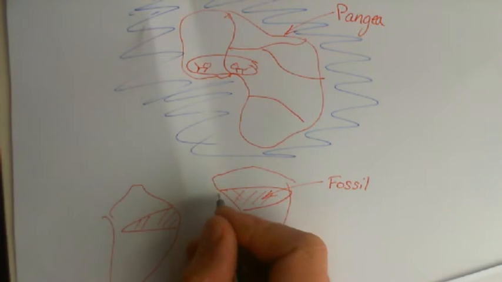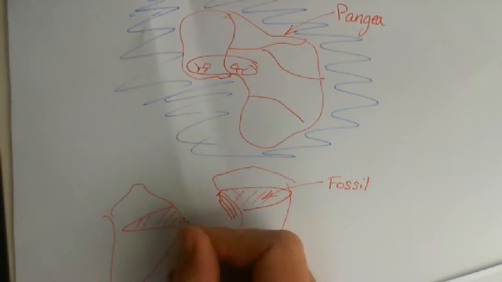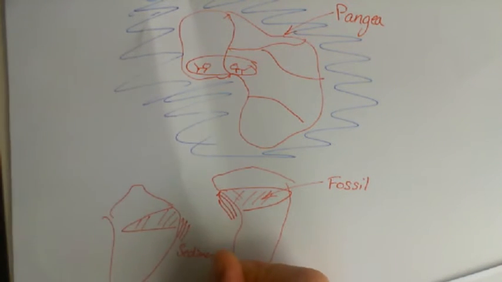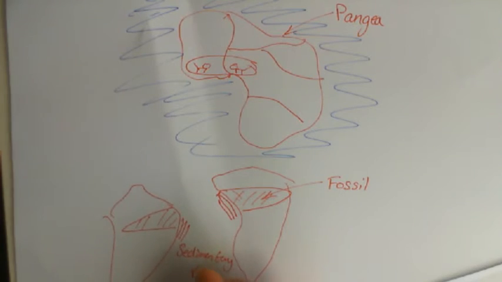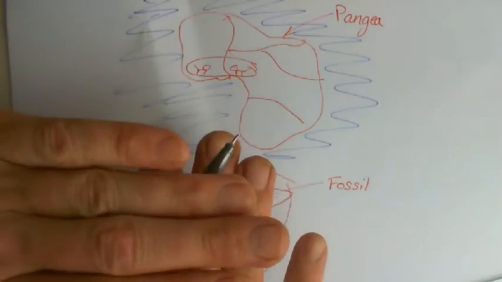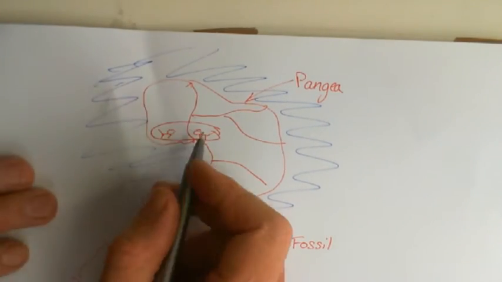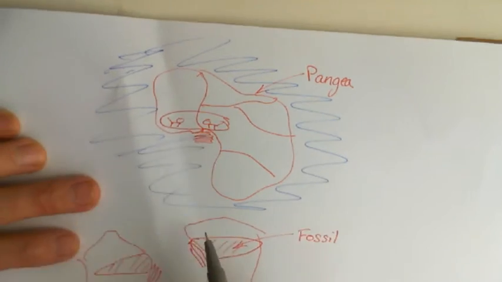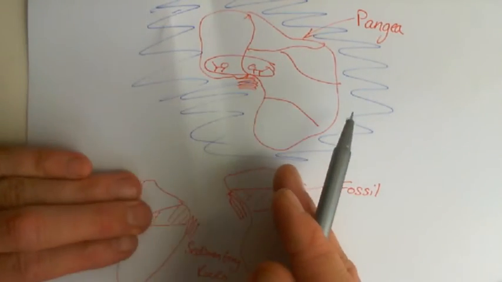The other thing that you'll notice is if you look at the rocks, the sedimentary rocks, so the layers of rocks, they'll be the same as well on both sides, and that would only happen if they were laid down on top of each other, say here, all together, and then slowly spread apart over time.